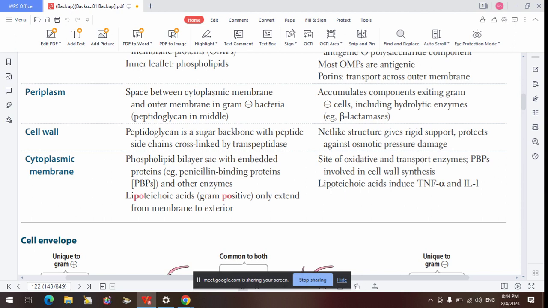Beta-lactams are antibiotics. They have the ability to bind and inhibit the penicillin binding protein. That penicillin binding protein is actually present within the bacteria.